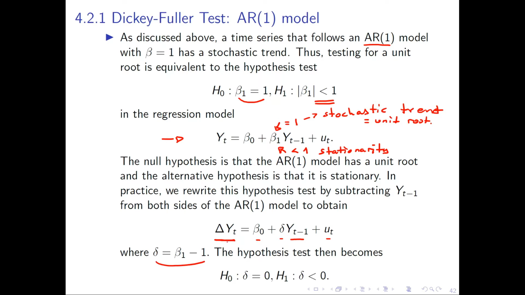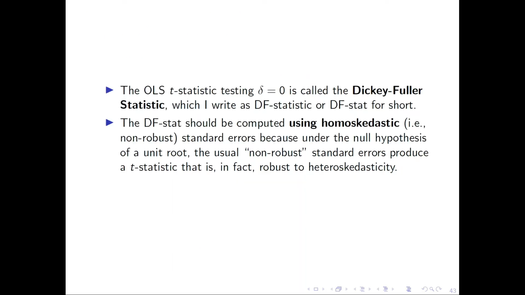So now the hypothesis test becomes that delta is equal to 0 versus delta is less than 0. This is a simple hypothesis test that you can do using the output from your regression analysis.